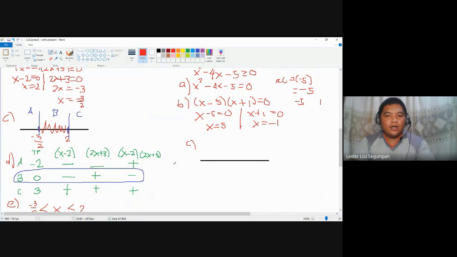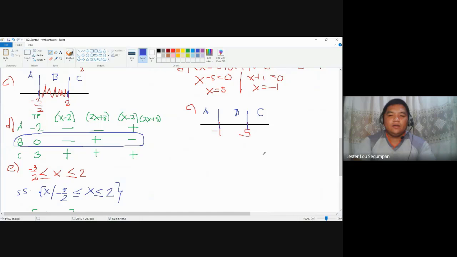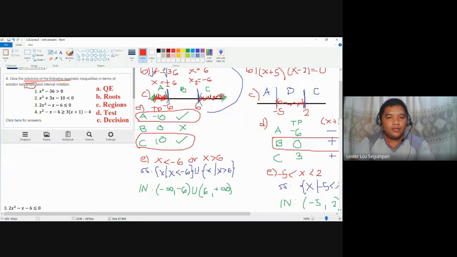So your regions are divided by negative 1 and positive 5. Okay? These are your regions, A, B, and then C. So for letter D, the regions test.